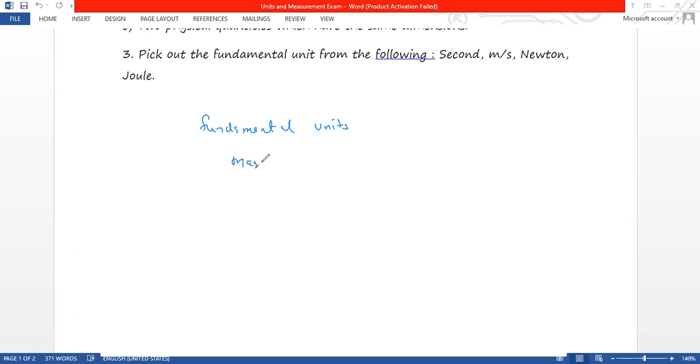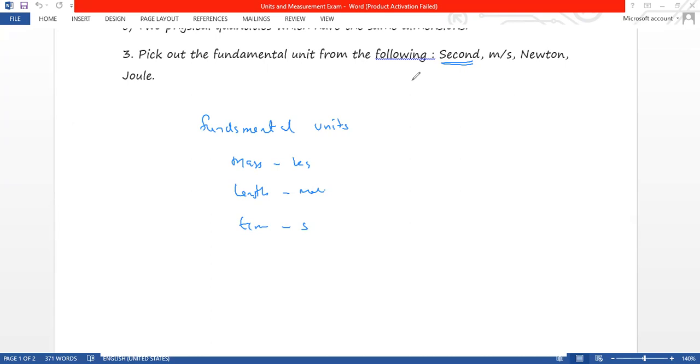Mass is a fundamental quantity, mass, kilogram, length in meter, time in second, electric current ampere, thermodynamic temperature Kelvin, amount of substance mole, luminous intensity candela. Clear, right? So in the given example, the fundamental unit is second. Meter per second and Newton are derived units.